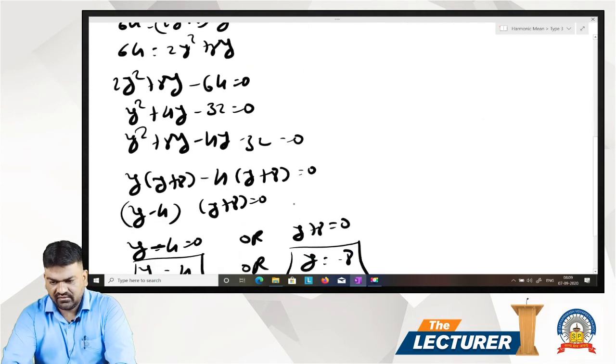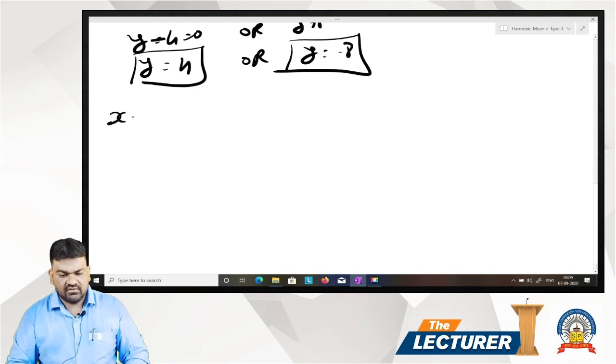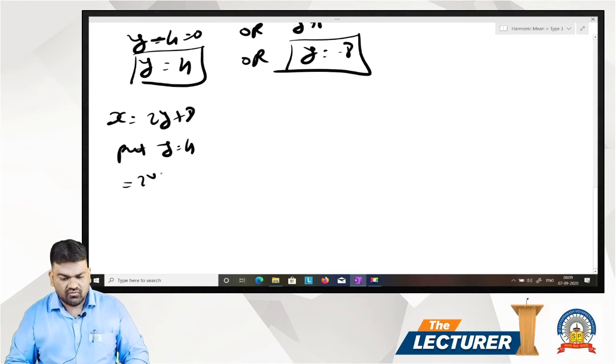What is x? x is equal to 2y plus 8. Put y is equal to 4. 2 multiplied by 4 plus 8, 8 plus 8, 16.